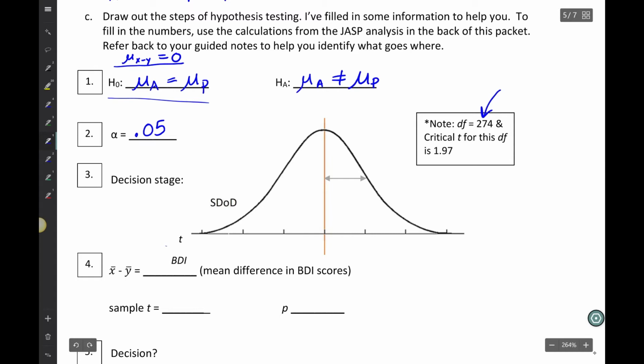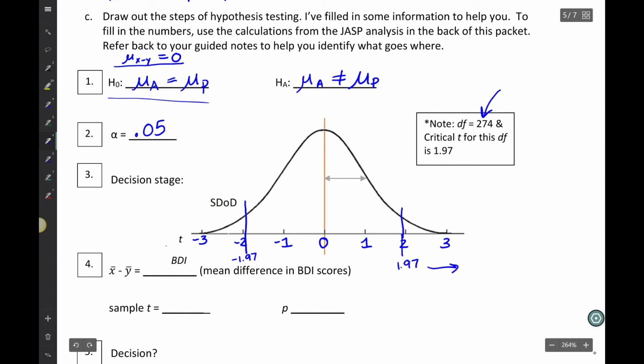So I know on a T distribution, that's 0. That's 1, 2, 3, -1, -2, -3. And so 1.97 is going to be just a little bit short of 2. And then keep in mind, we're always doing two-tailed, so we want to do the same thing on the other side. So this will be our -1.97, and this is our positive 1.97.